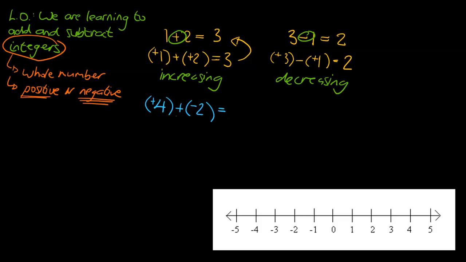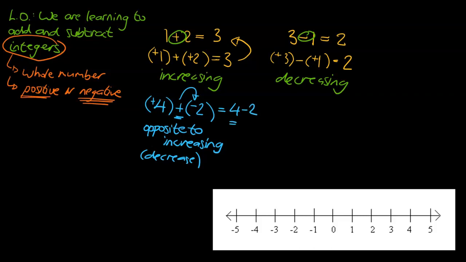This addition here normally tells us we're increasing, but the negative in here is saying it's the opposite to increasing. In other words, that there is a decrease. So that would become 4 minus 2, which gets us to 2 as our final answer.